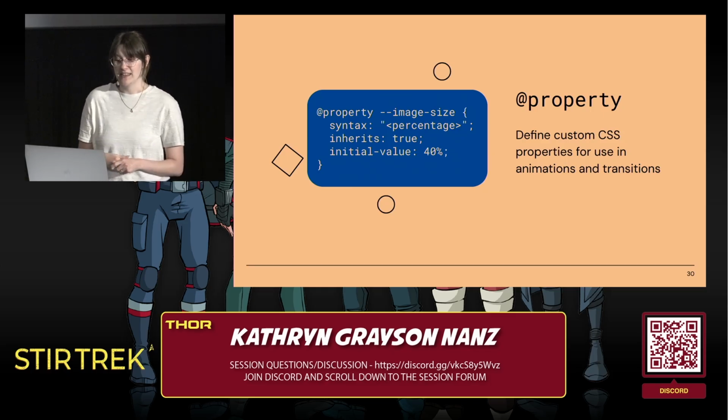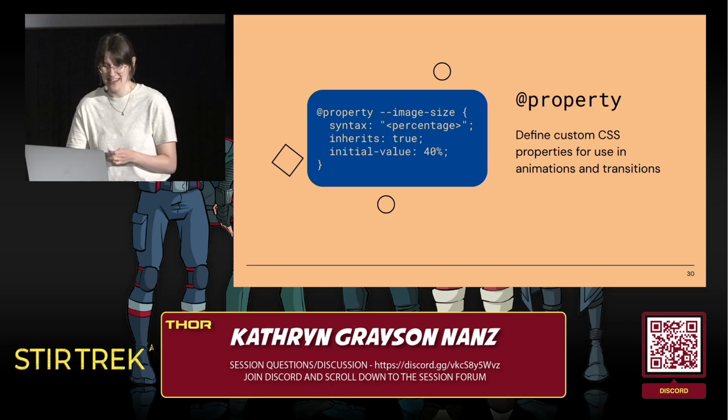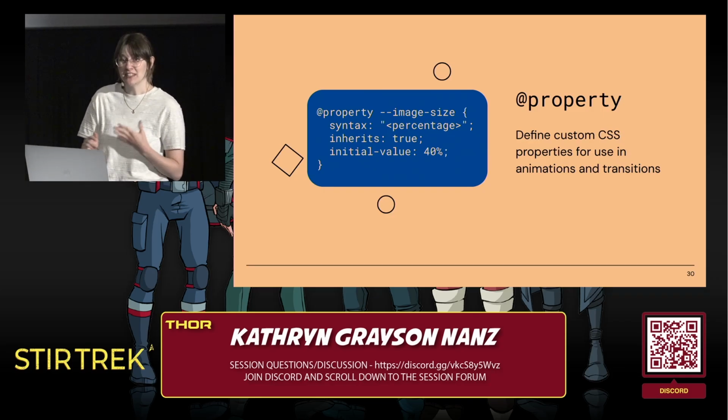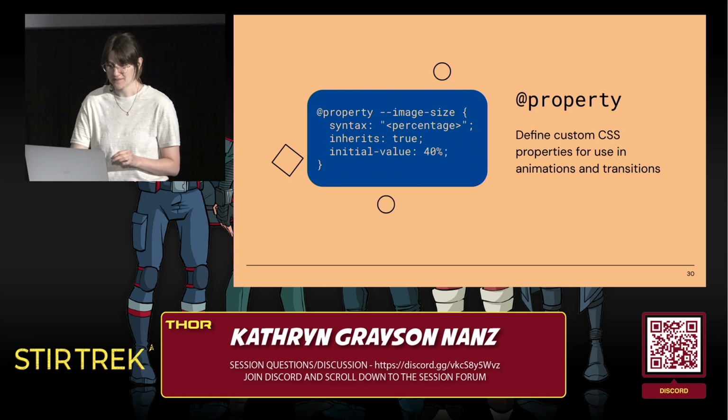Or we can pick a universal syntax definition that we apply with an asterisk, which is kind of like a TypeScript any. The inherits Boolean is a little bit simpler, right? True or false, will or won't this property inherit by default? But just as important, because if we leave it out or it's invalid, again, no dice on the whole property.